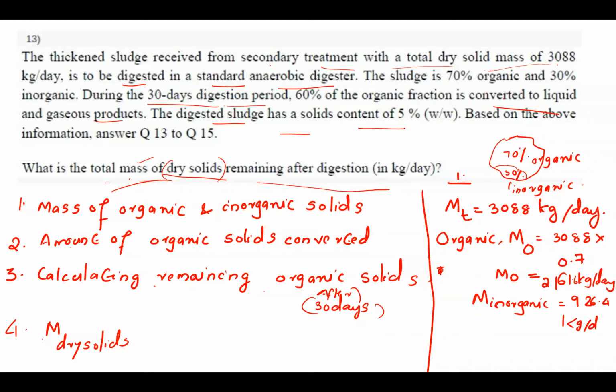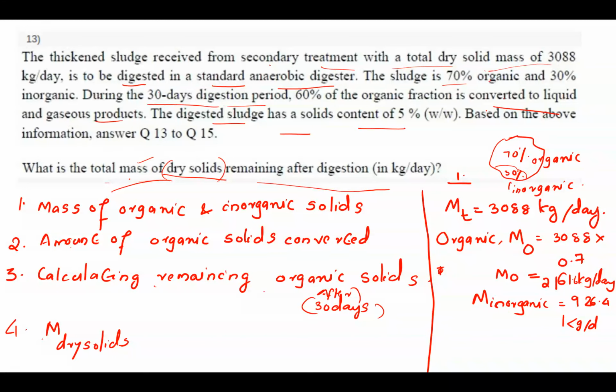We have the total mass, and it is given that from that sludge 70% is organic and 30% is inorganic. From these percentages and the total mass, we can calculate organic and inorganic.